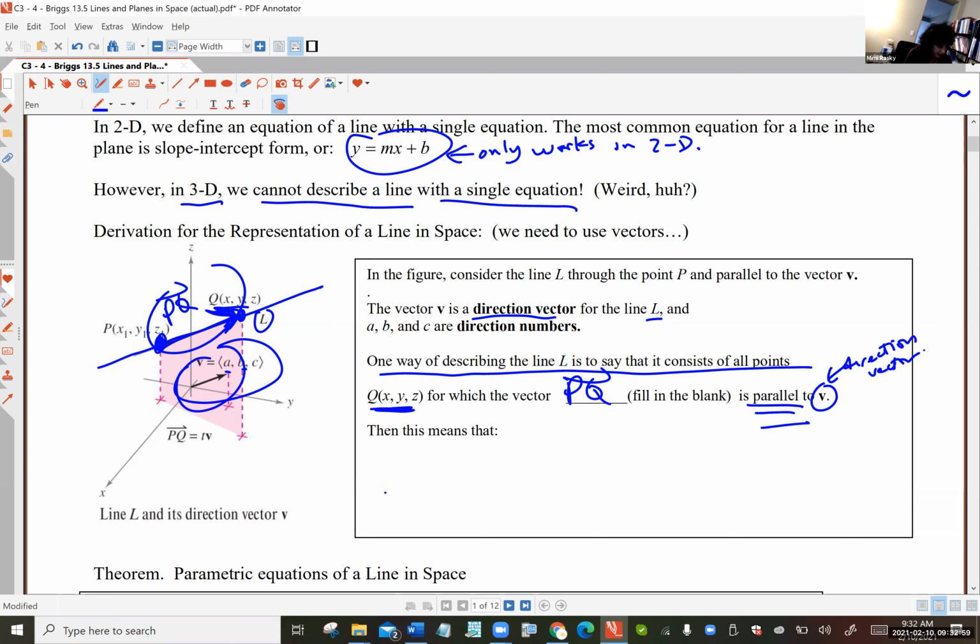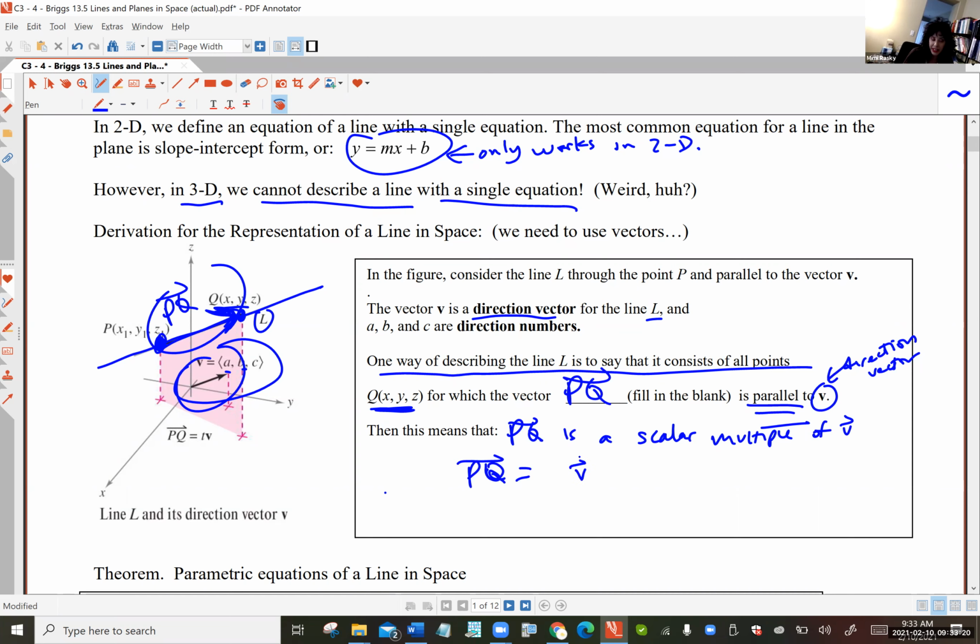So what does that mean? Well, it means that PQ is a scalar multiple of V, because you guys know from vectors being parallel, that means that PQ can be written as a scalar times V.